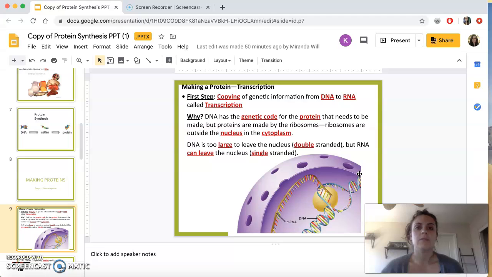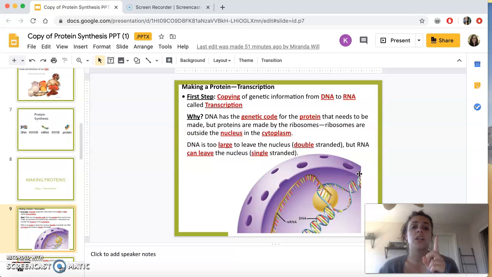Why does this happen? DNA actually has a genetic code for the protein that needs to be made, but proteins are made by the ribosomes. Ribosomes are located outside of the nucleus where DNA is held. So that protein needs to be made, but proteins are made by the ribosomes, and ribosomes are outside of the nucleus, out in the cytoplasm. Since the DNA is too large to leave the nucleus, because it's double-stranded, we have to turn it into a single strand.